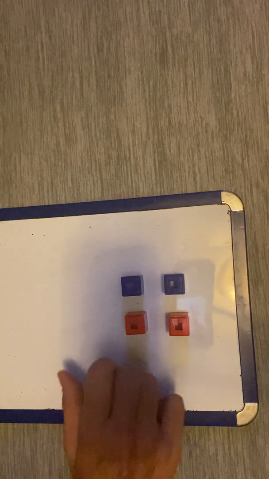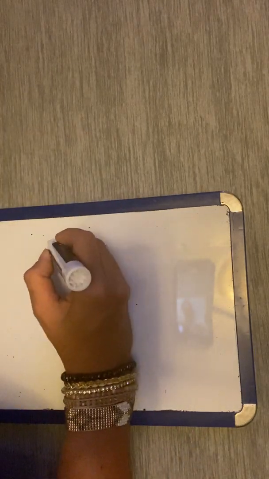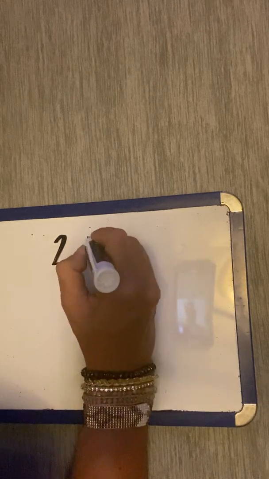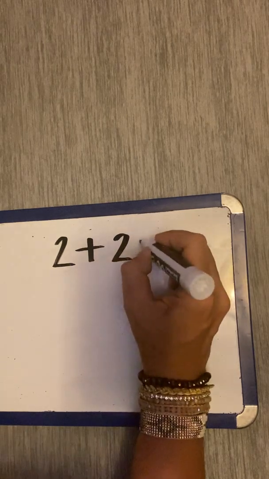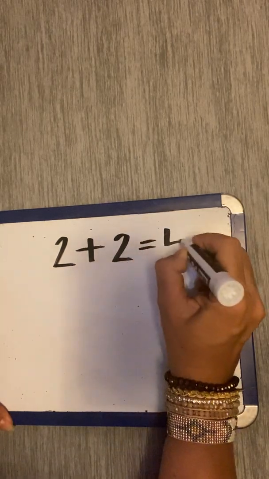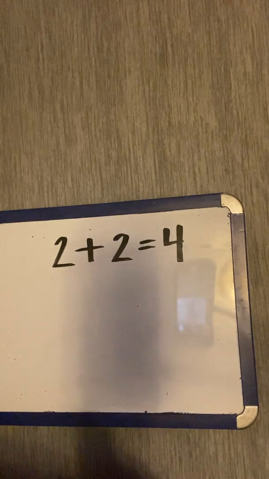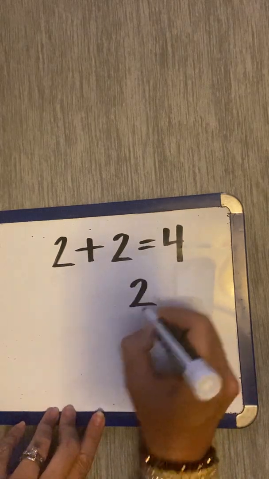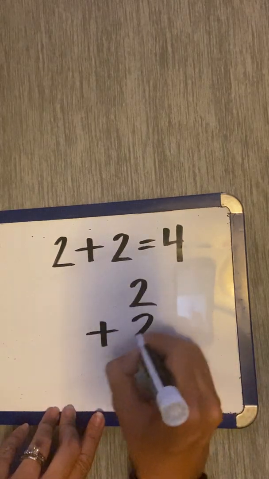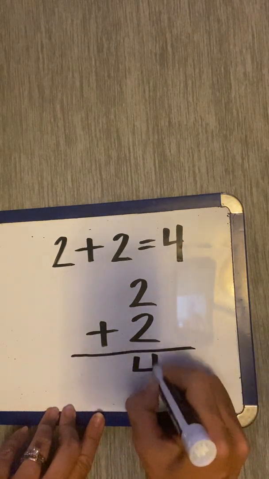Okay? So if we wanted to write this problem out, we could write it horizontal. So we could say 2 plus 2 equals 4. Okay, horizontal. Or if we wanted to write this problem vertically from top to bottom, we would write 2 plus 2. Remember, this line represents equals 4.